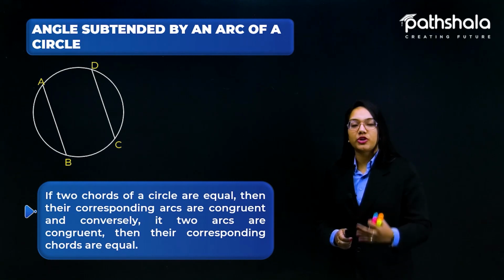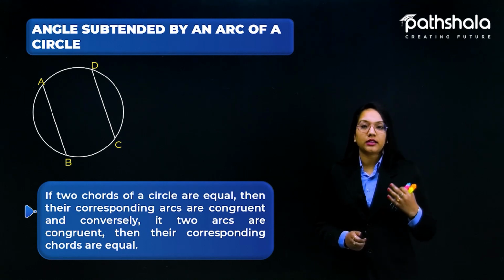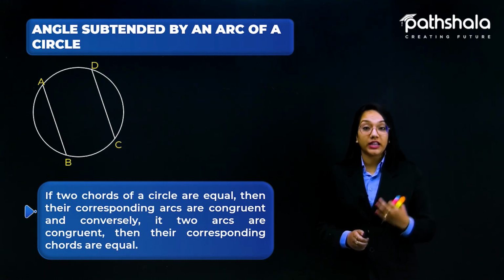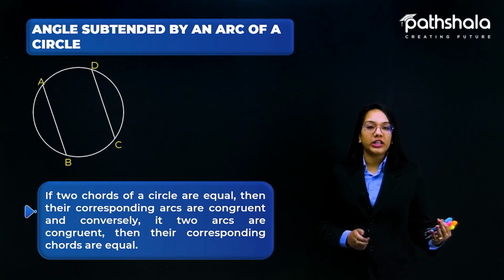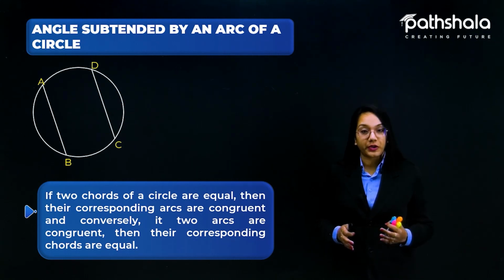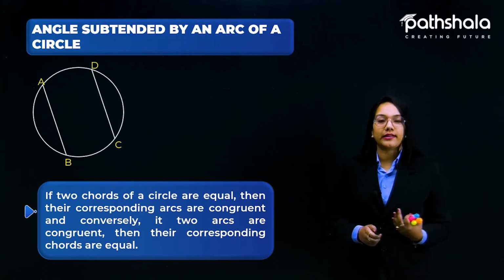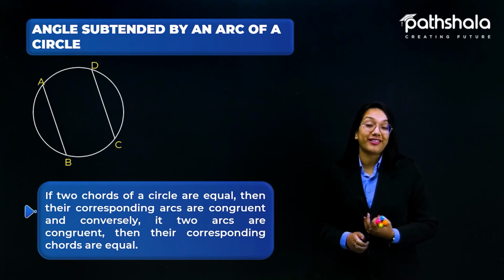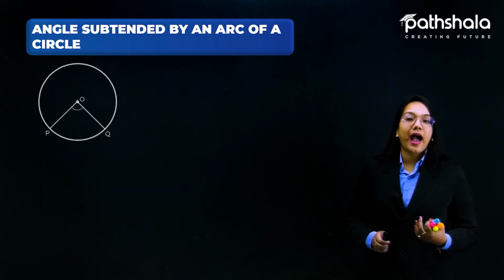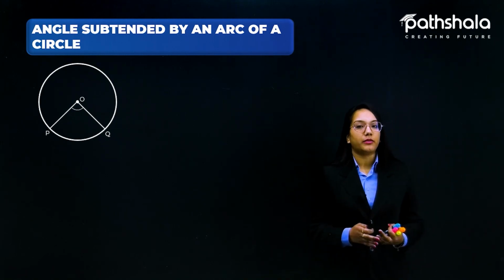This is a very special important result related to the two chords AB and CD, which are equal in length with each other. Then they have corresponding arcs that are congruent to each other as well. Now, moving further, the angle subtended by an arc is taken as the angle subtended by the chord.